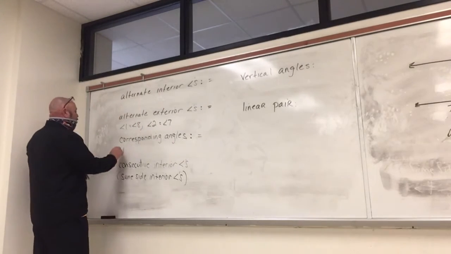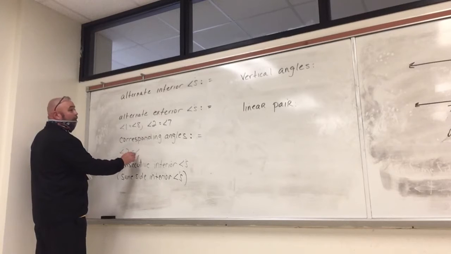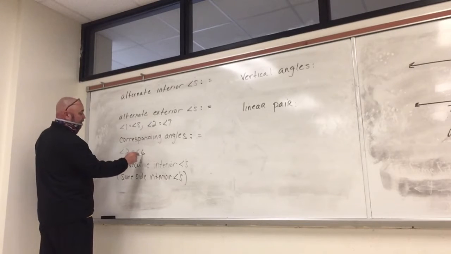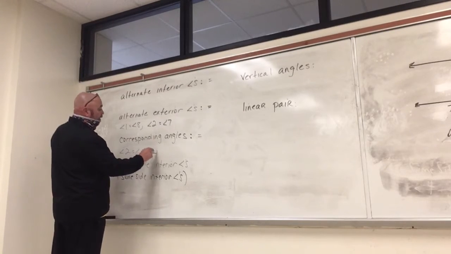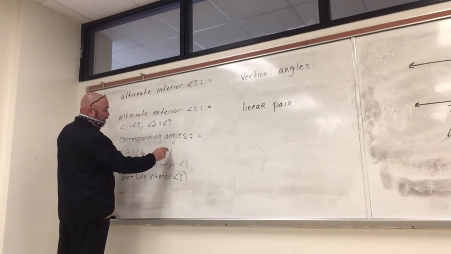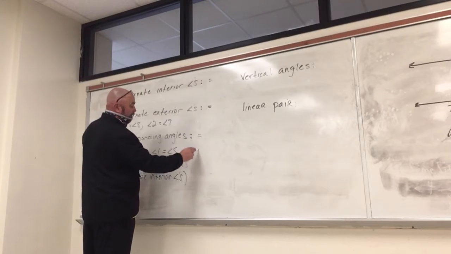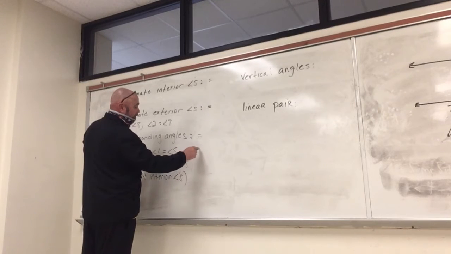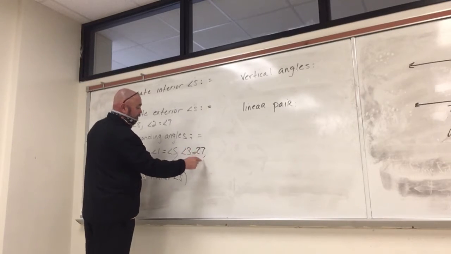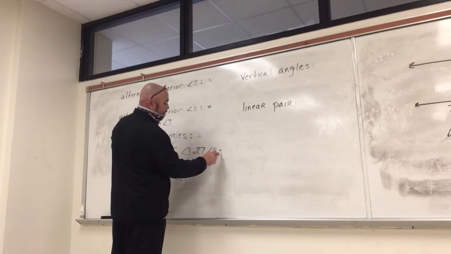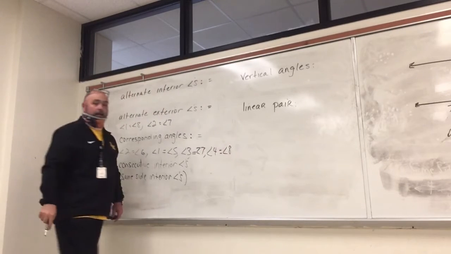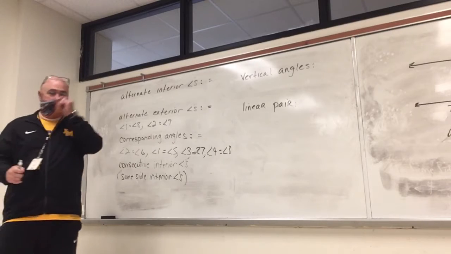So angle 2 is equal to angle 6. Angle 1 is equal to angle 5. Angle 3 is equal to 7. 4 is equal to 8. Pretty simple, right?